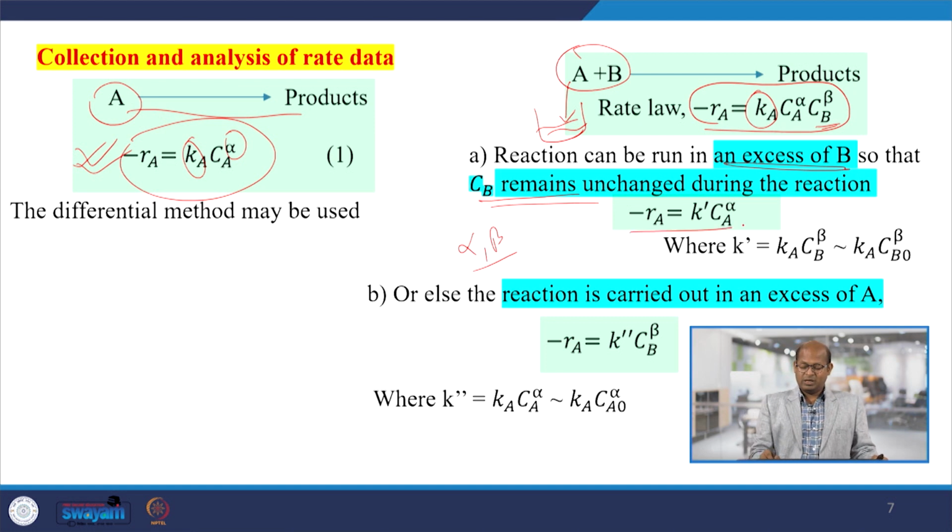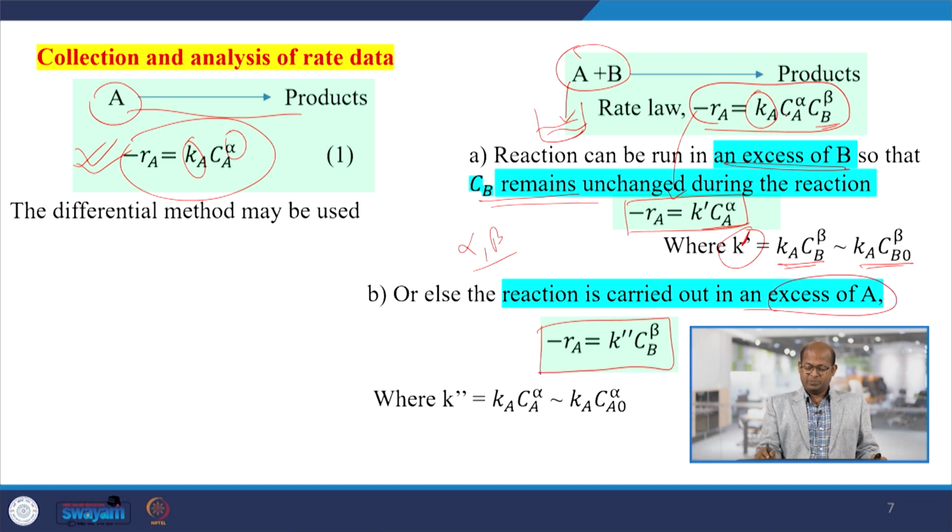Then the rate equation we can write this way: minus r equals k prime C to the power alpha, where k prime equals k_A C_B to the power beta, or k_A C_B0 to the power beta. So when excess B is used, this is the rate.